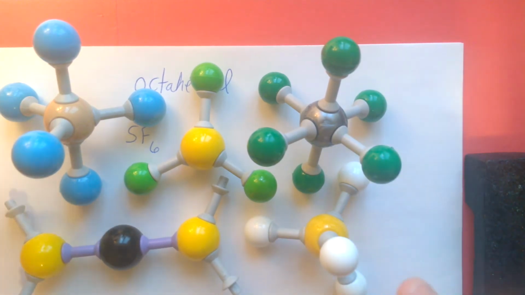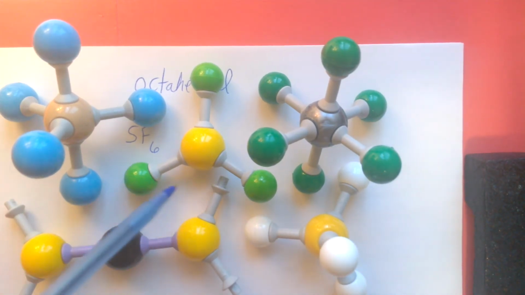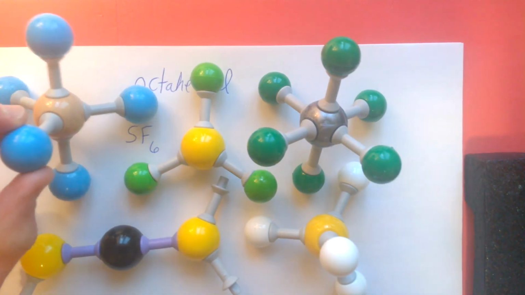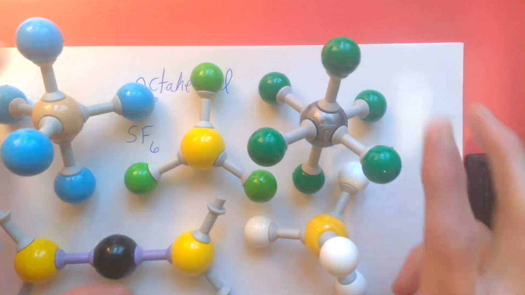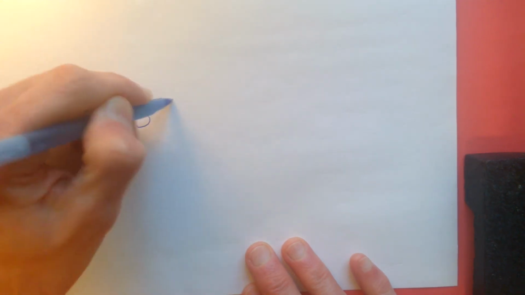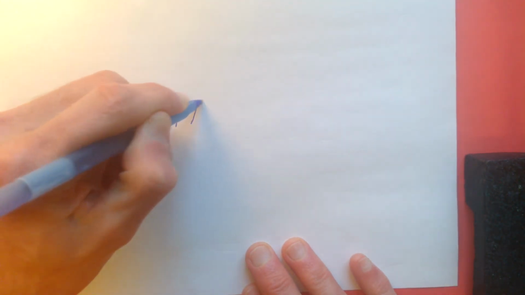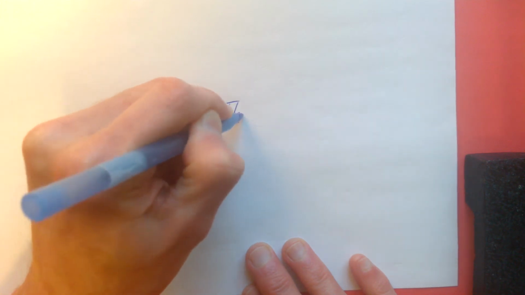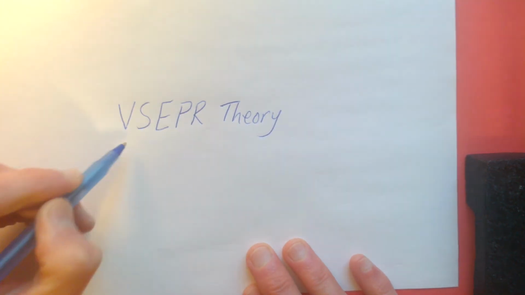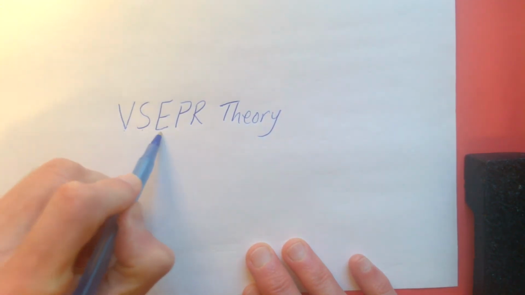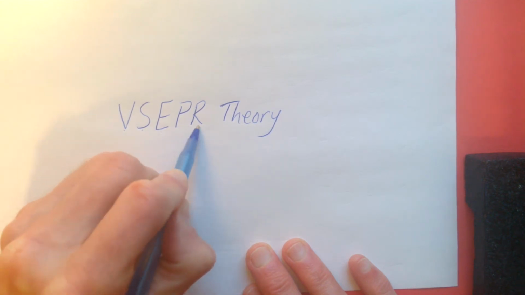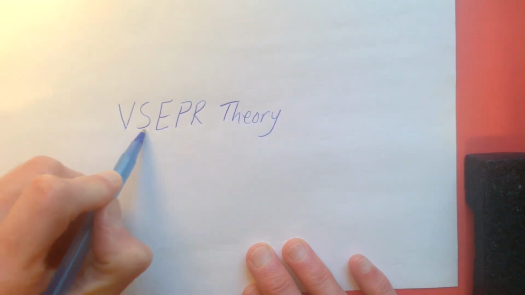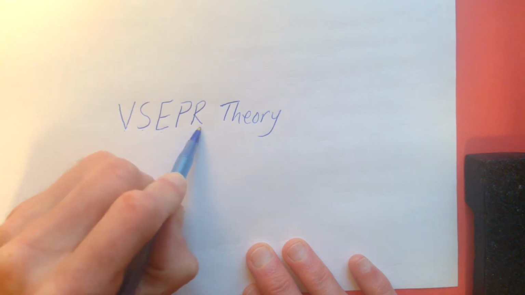This maximizing the distance, maximizing the angle between those bonds and those lone pairs of electrons, is the foundation of a theory that we often refer to as VSEPR theory. It stands for valence shell electron pair repulsion.